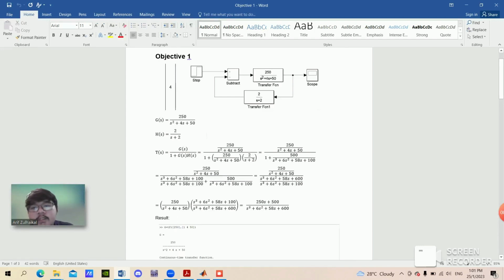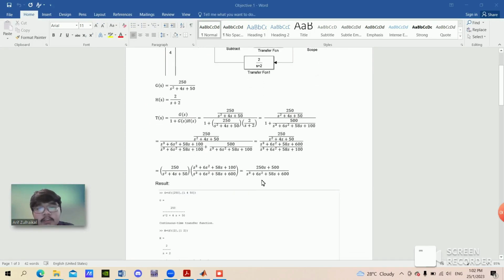After substituting all the values for G(s) and H(s) into this formula, the final answer I get is 250s plus 500 over s cubed plus 6s squared plus 58s plus 600.